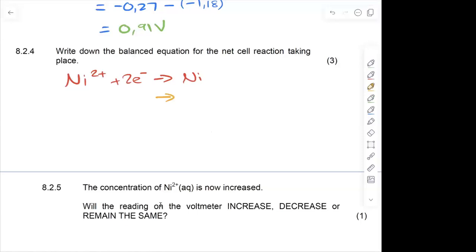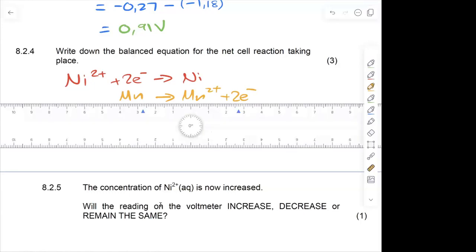Then the other one, I'm going to have manganese being oxidized, right, to become manganese 2+ plus 2 electrons. So I'm going to have my manganese there becoming manganese 2+ plus 2 electrons. Then I can put a nice line at the bottom of everything to ensure that I can then finalize this one. So we'll have a nice line there.